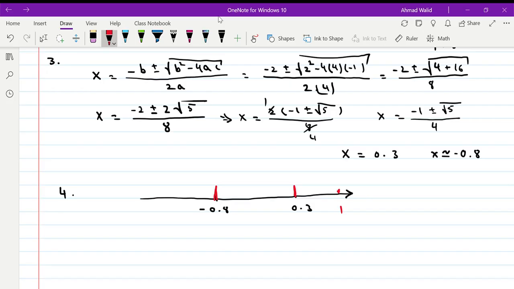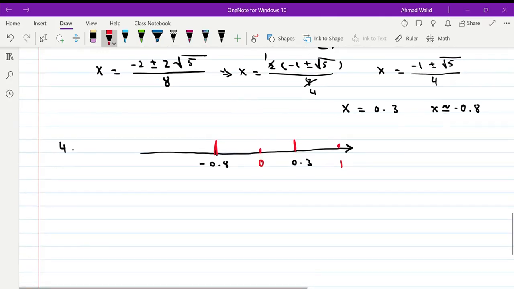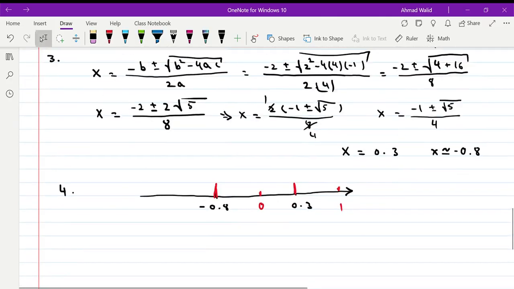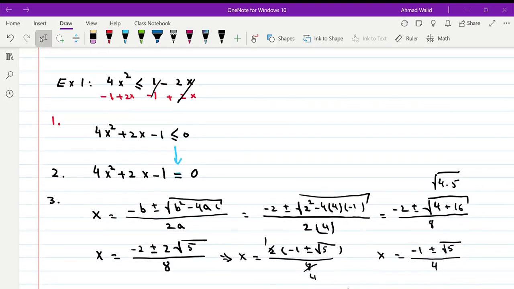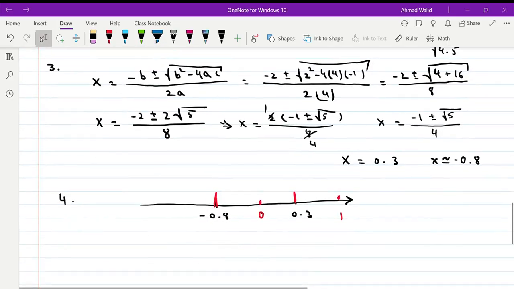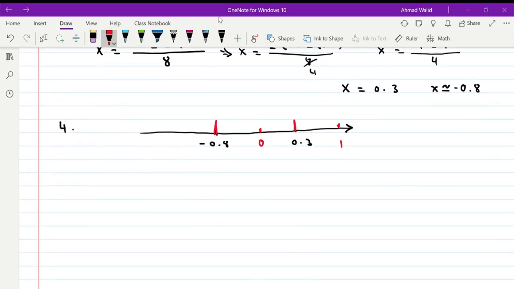If this is 0.3, another easiest point is 0. The easiest point is 0, if 0 is not a solution, correct? I'll pick 0 and I'll plug it into my inequality, which is what? 4x squared plus 2x minus 1 less than or equal to 0.